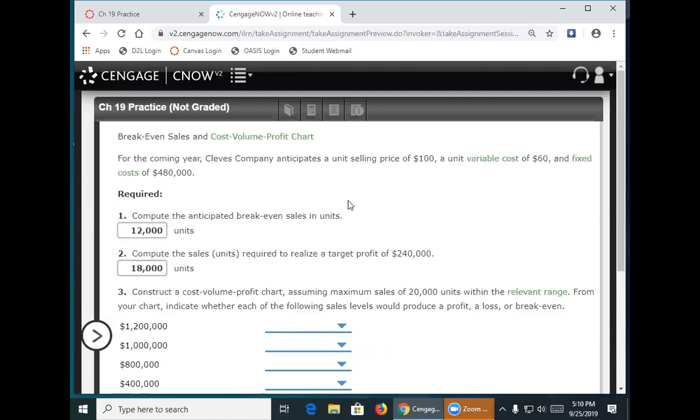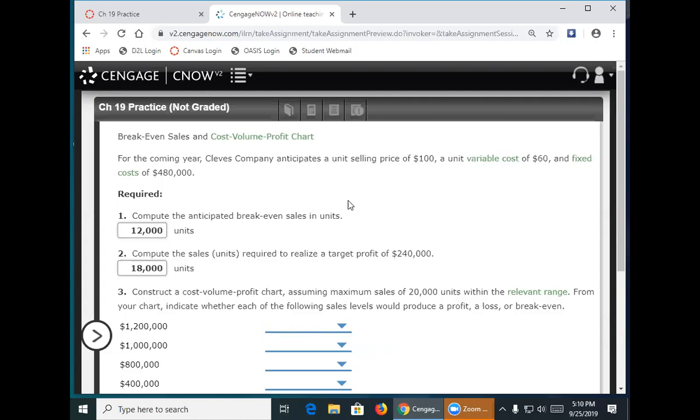So in this one, we've already calculated our break even is 12,000 units, right? So anything that we produce and sell over 12,000 units will result in profit. What they're giving us is sales amount. If I took 1,200,000 divided by the selling price of 100, that would tell me how many units I sold.